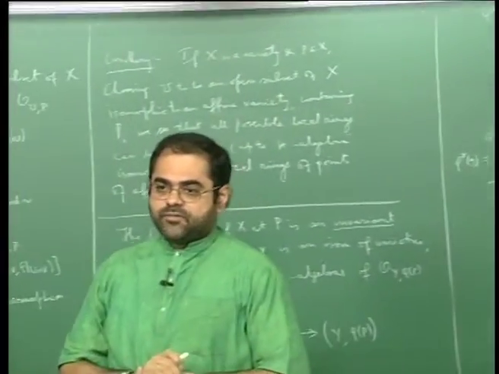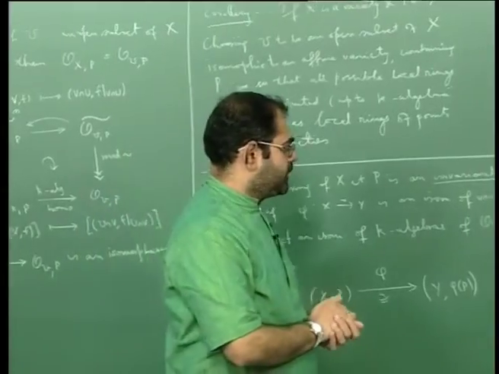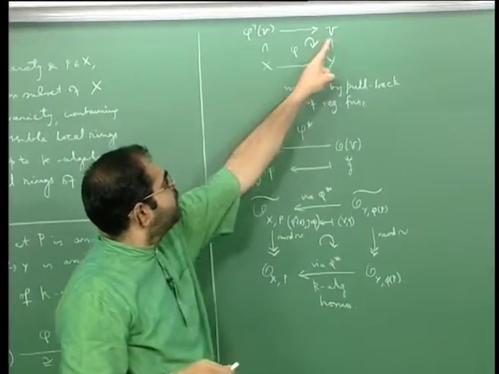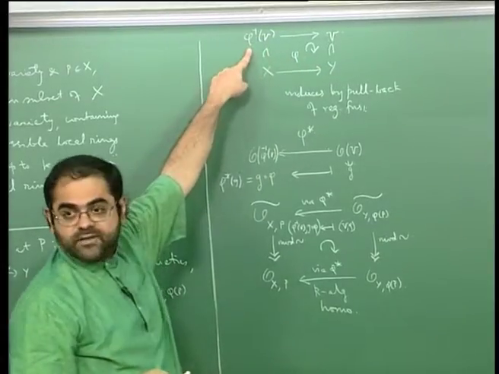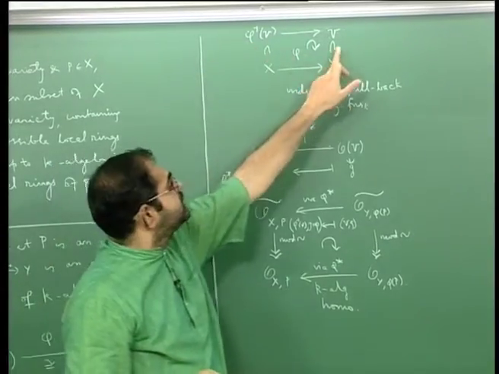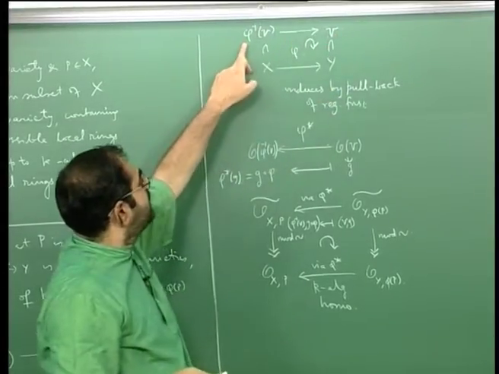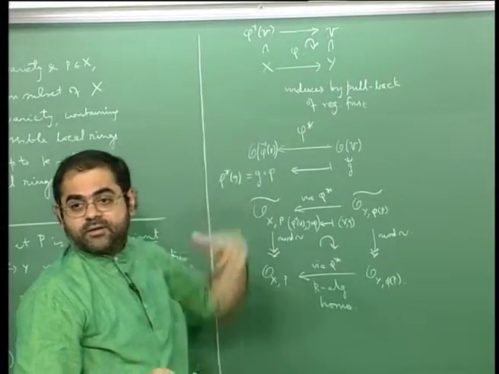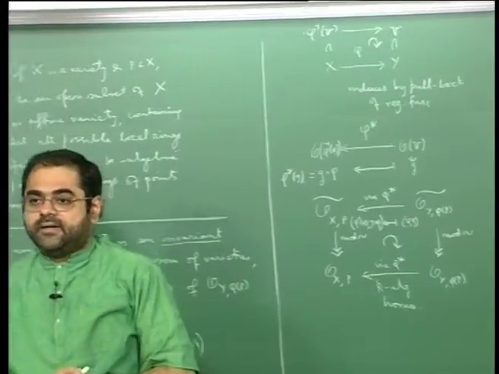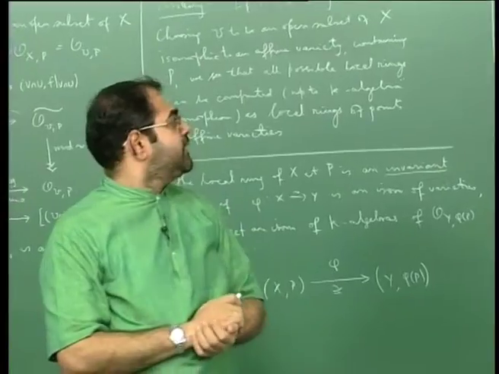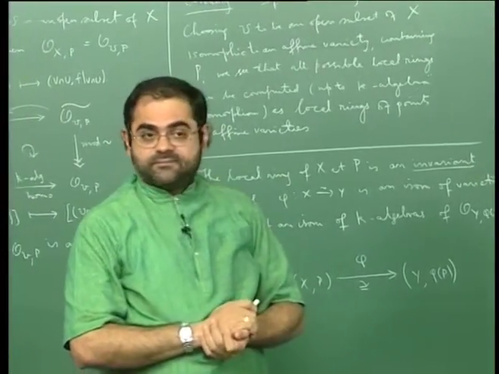It is very simple: you have a regular function on V, you compose it with phi, you get a regular function on phi inverse V. So the germ of a regular function on V at phi p, after composition with phi, is going to define the germ of a regular function at p itself.